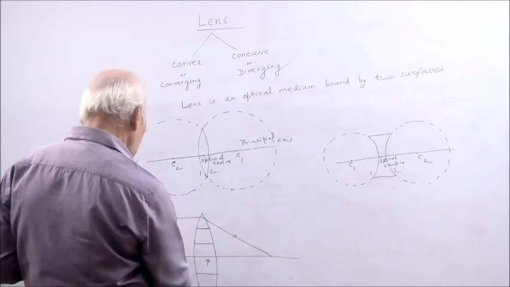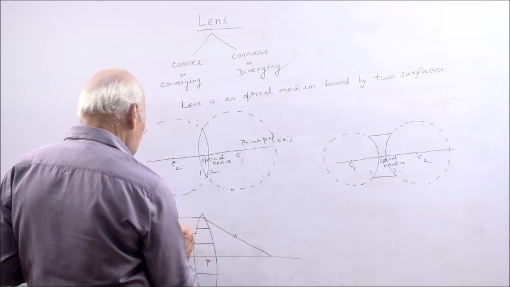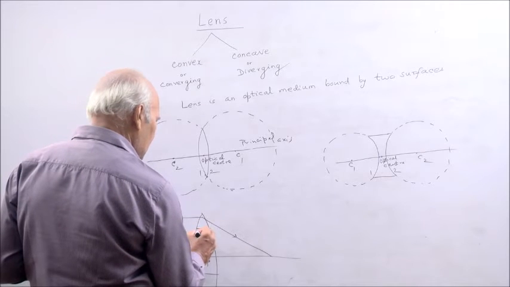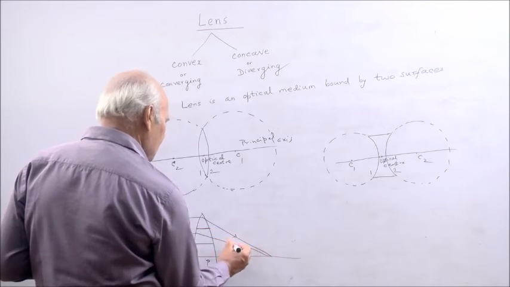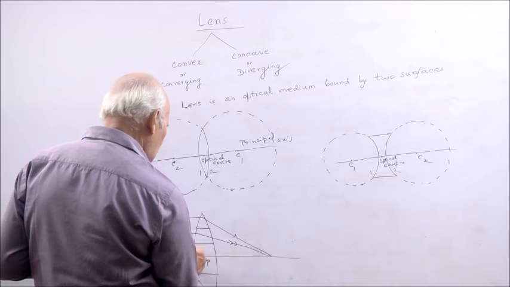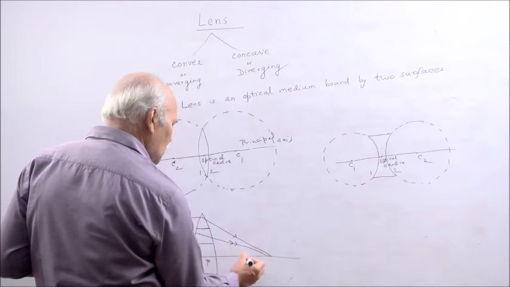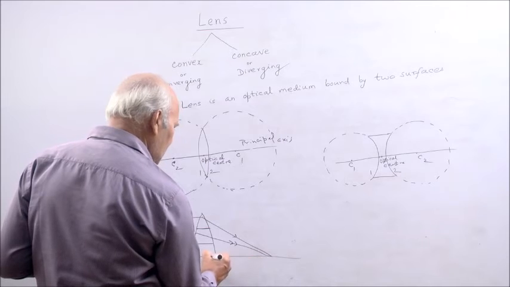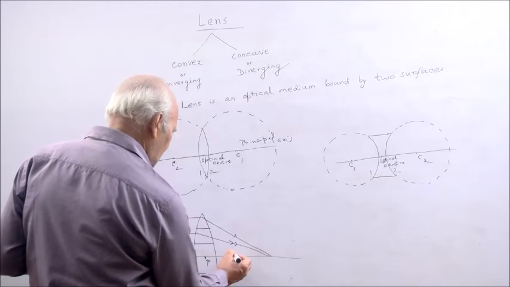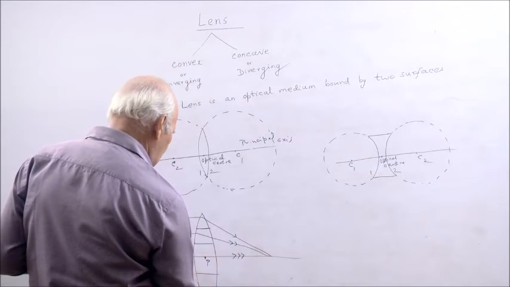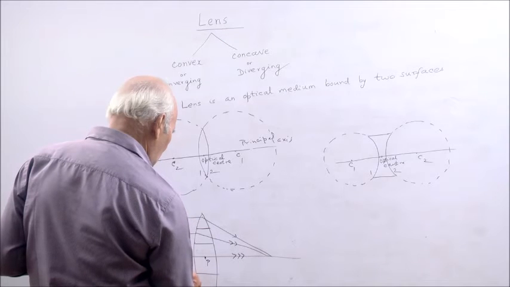We will discuss prism in the next class, and this is also found to go there, and this middle one goes undeviated because it passes through the optical center. And in the same way you can have more rays.